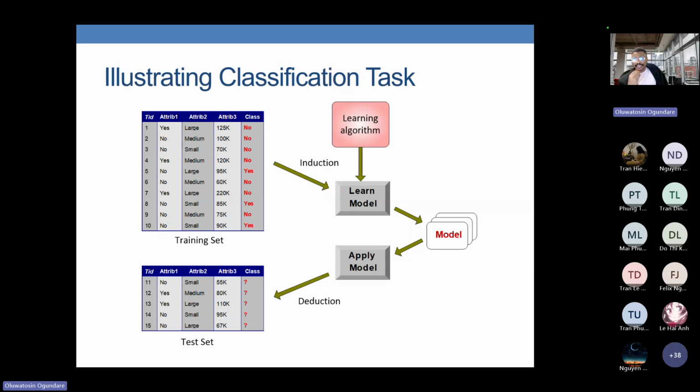So let's look at the people who got their loan approved and look at attribute 2. We can find out that it doesn't matter whether you're large or small. You could be large or small and you could get your loan approved, right? We cannot say anything about medium, because no one who was medium got their loan approved.